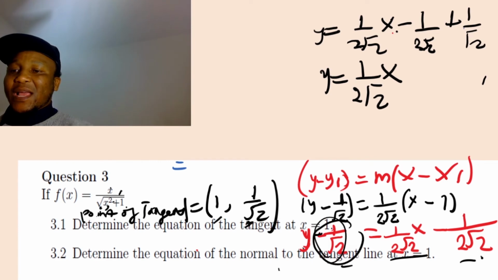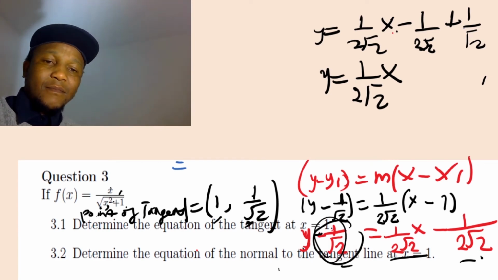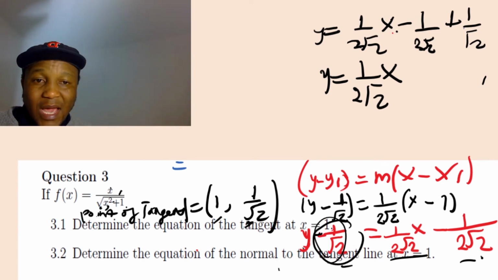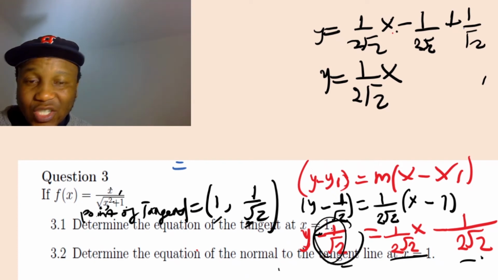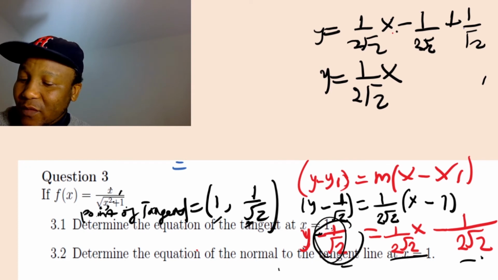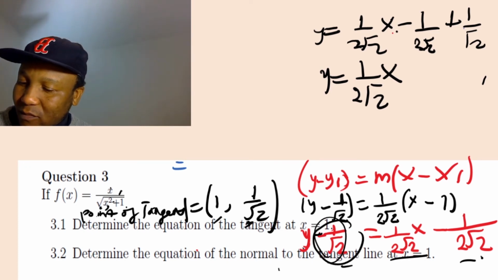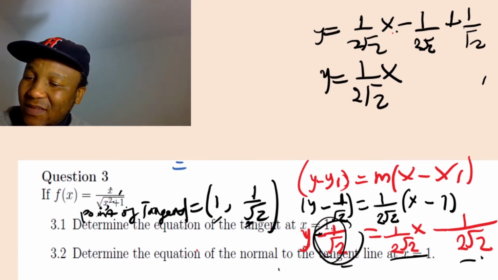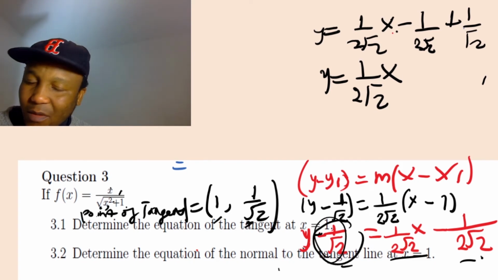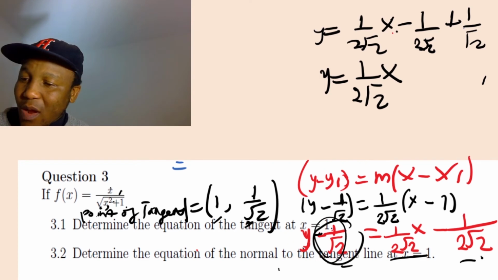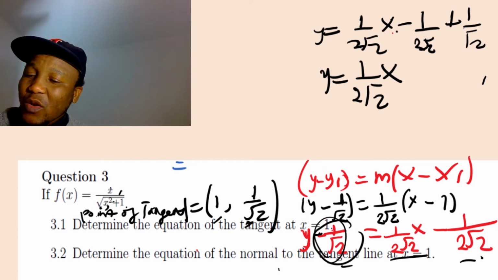So you can just simply say y equal to 1 over 2 square root of 2 x. So we're going to plug into the calculator, take a calculator. And then we're going to say fraction 1 over 2 square root of 2, and then that's minus, and then plus 1 over square root of 2. Square root of 2 over 4.